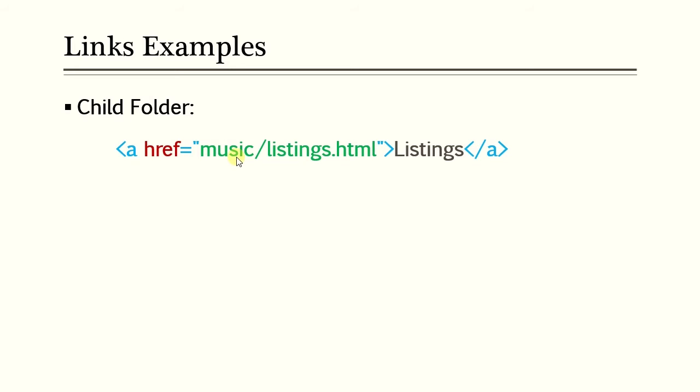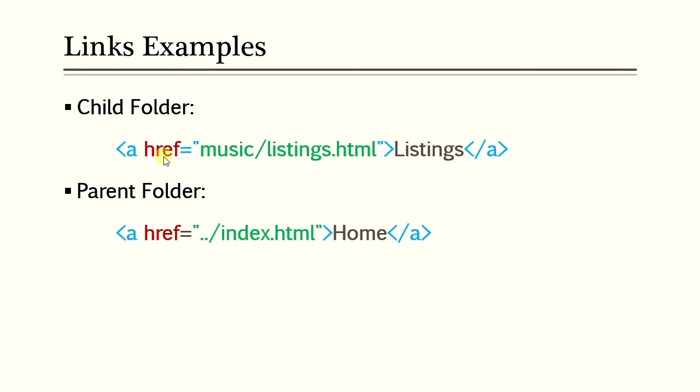To access this file, use the name of the child folder followed by a slash, then mention the file name. So this will be the format of the value of the href attribute. Then you will be able to access the files in the child folder.